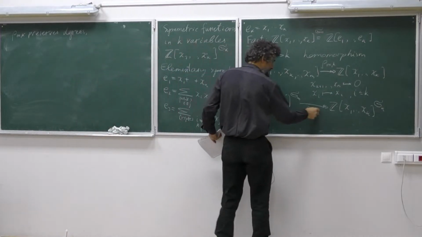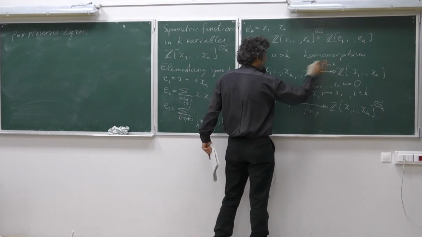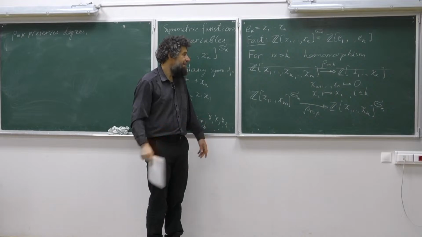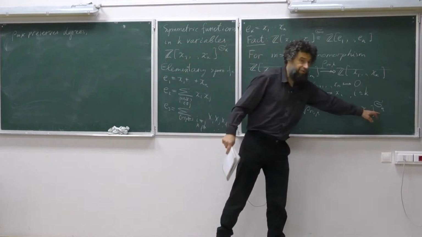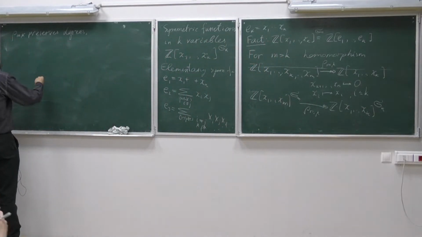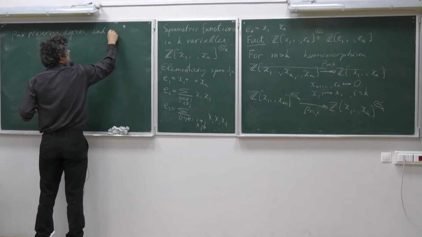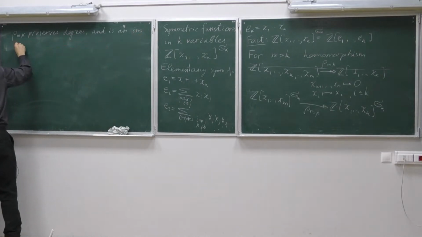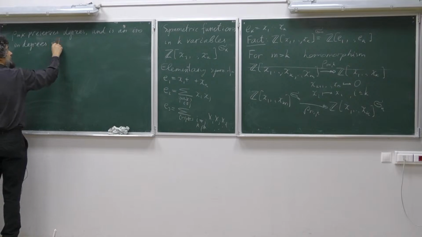So from now on, we'll consider only its symmetric version, and we'll forget about the thing it arose from. So this notation is for restriction of symmetric functions, and it preserves degrees and is an isomorphism in degrees less than or equal to k.